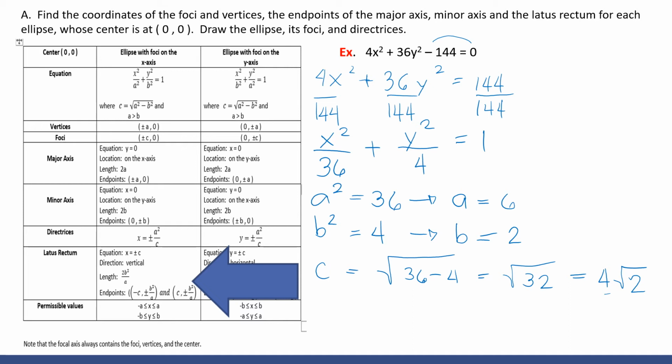And what is the value of 4 square root of 2 kapag i-convert into decimal? So approximately, 4 square root of 2 is 5.7. So mamaya, pagpa-plot natin, ito ang gagamitin nating value, 5.7. Okay? So sulat lang natin ng maayos. 5.7 ang approximate value of c.